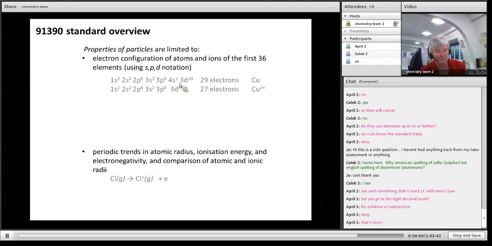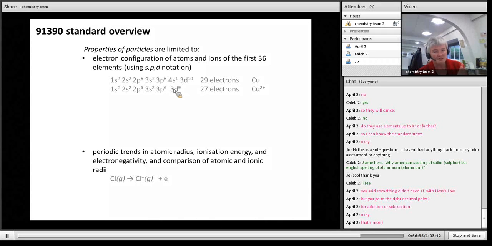Okay, so you have to learn that exception, and also remember that for transition metals, the electrons get removed from the, well, for anyone actually, the electrons get removed from the outermost orbital first. So that affects your transition metals the most because although 4s is lower in energy, it gets removed from the 4s before it goes from the 3d.